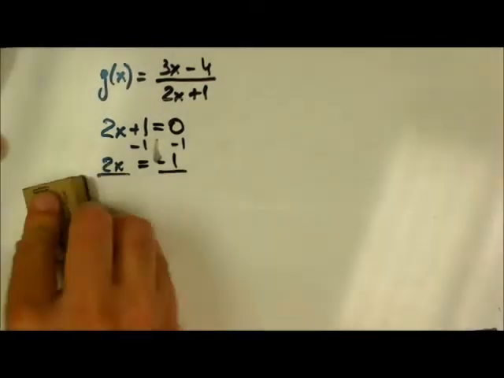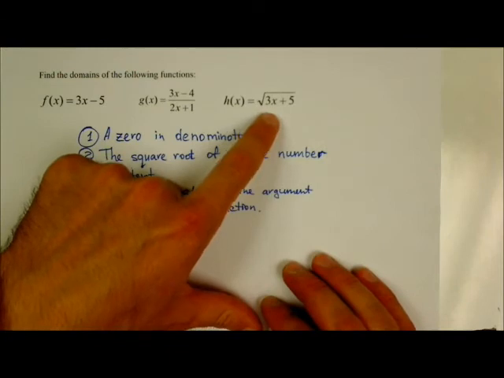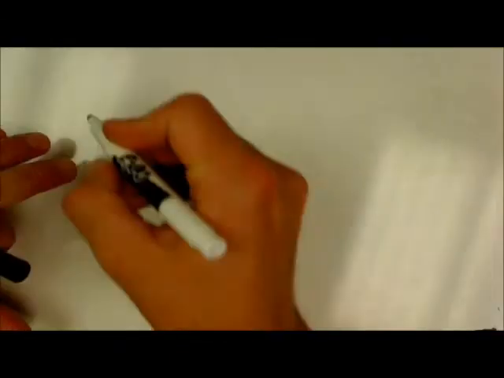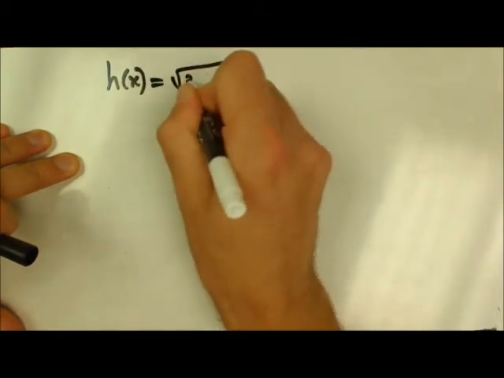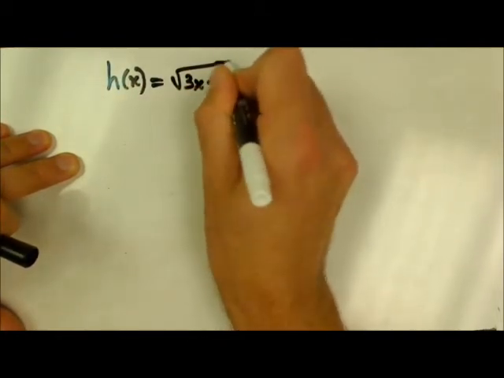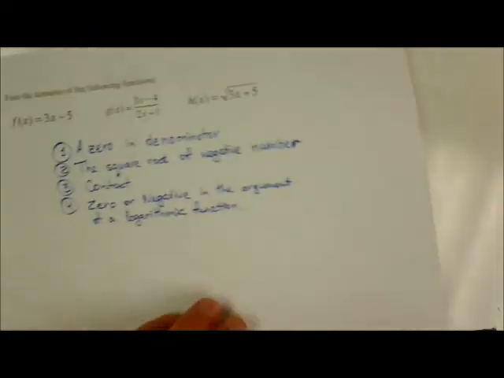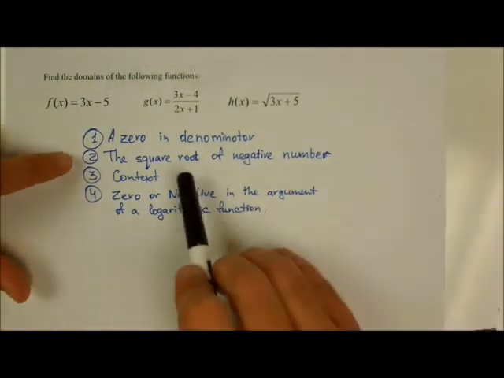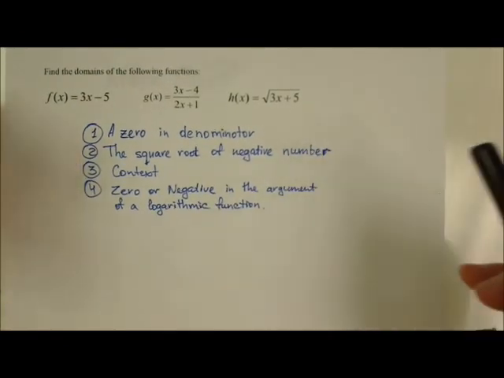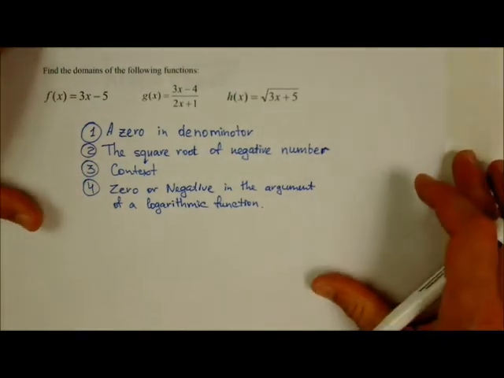Next function is h of x equals square root of 3x plus 5. Again, using the algebraic way, we should check these exemptions, and actually it's number 2, the square root of a negative number. It cannot be in the domain.